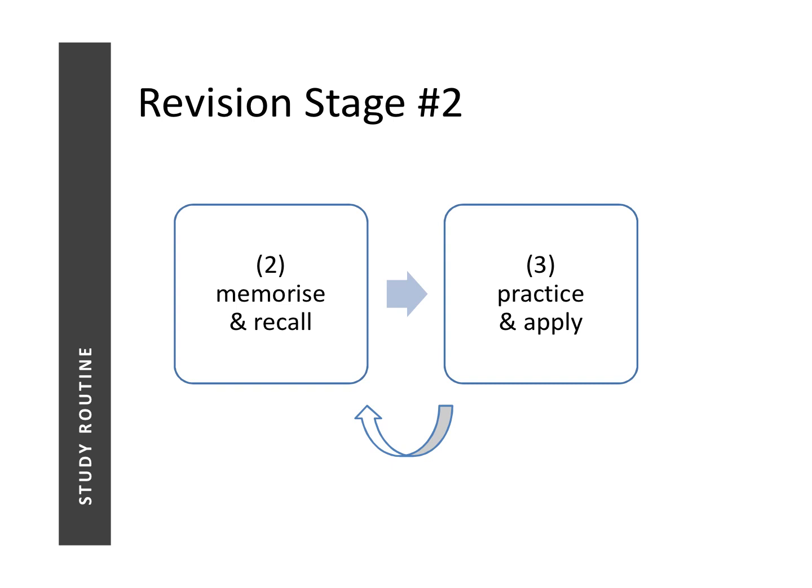In the second stage, I will start with step number two. So I will try to recall whatever that I've memorized for that chapter before I attempt or before I do the worksheets or questions that are related to that chapter. All right, and in stage number two, you see that there is a reverse arrow.